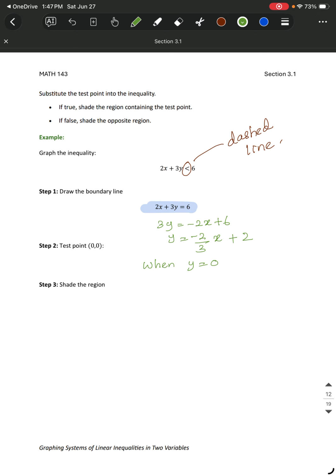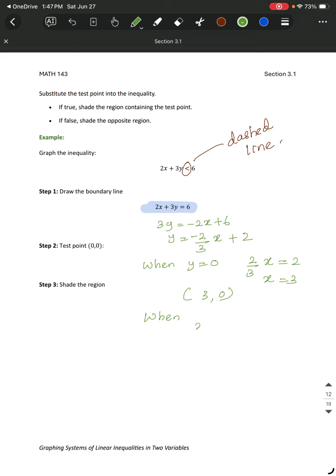When y equals 0, 2/3 x equals 2, x equals 3. The line passes through the point (3, 0).